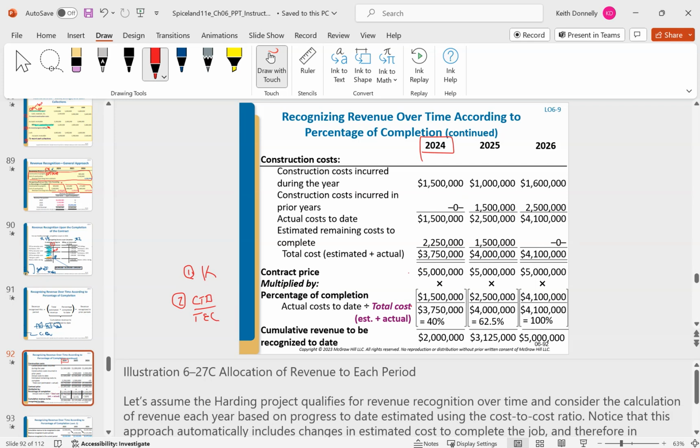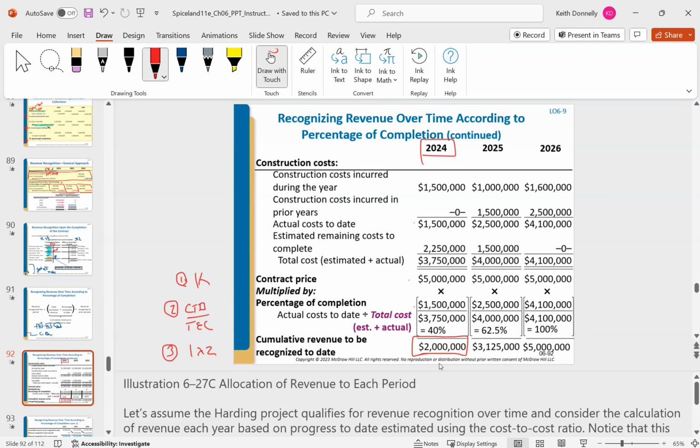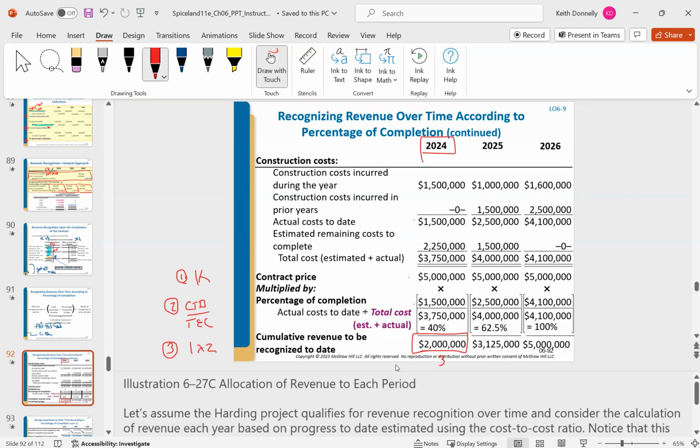So in year 1, we put 1.5 in. We expect our total estimated costs to be the 1.5 we put in plus 2.2 that we still have to do. Then we're going to do step 3 where we multiply step 1 times step 2. So we're at step 3 right now for that.